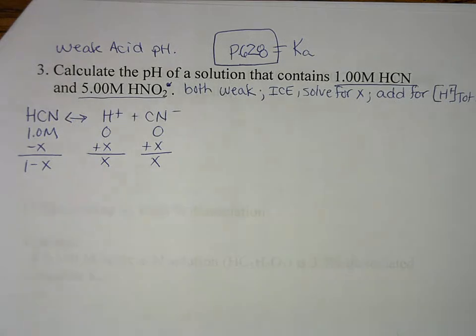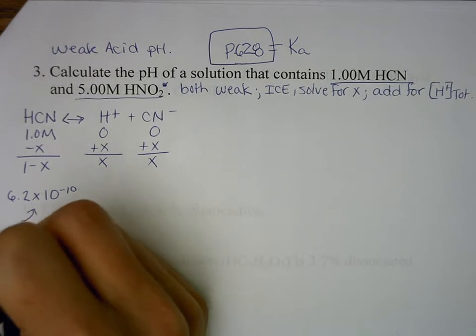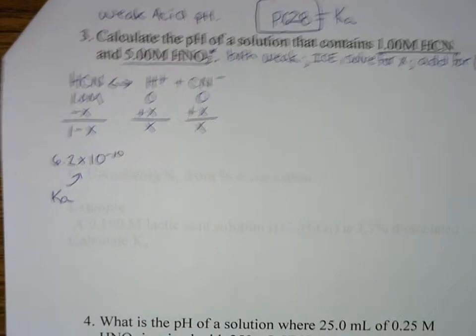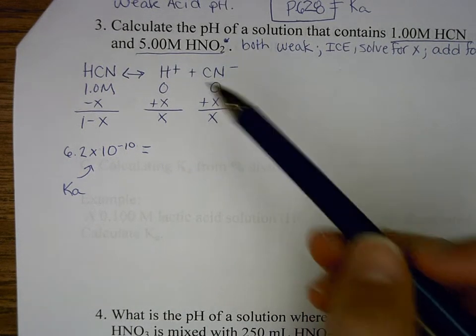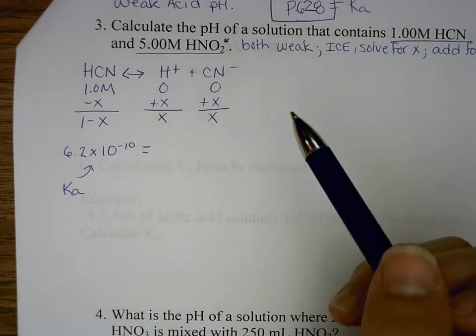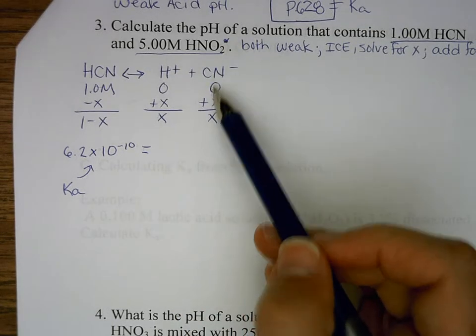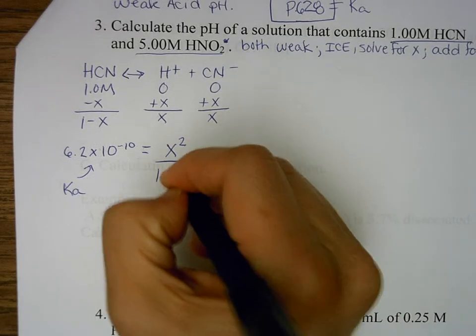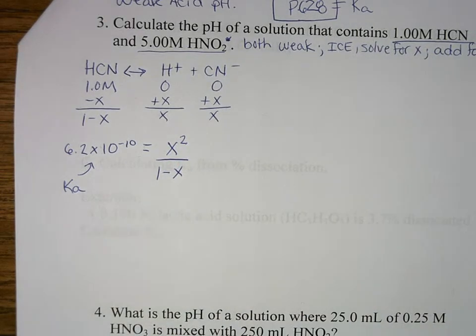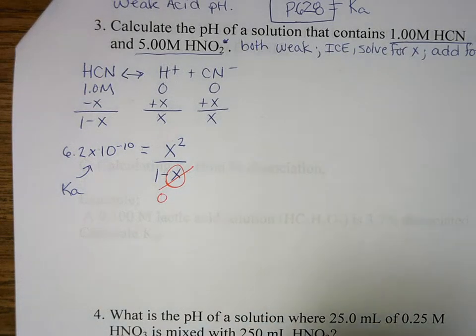So the Ka value for hydrocyanic acid is 6.2 times 10 to the negative 10. Okay, that's Ka. Just looked it up. And then that's going to be equal to my equilibrium expression, my Ka expression, with my hydrogen ion concentration, cyanide ion concentration. So I'm going to end up with X squared over 1 minus X. That's small. That goes away.